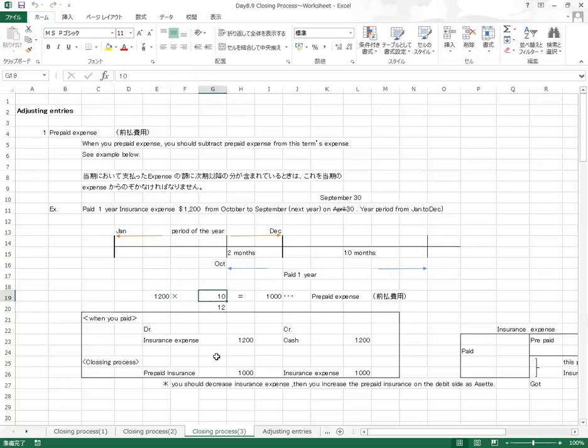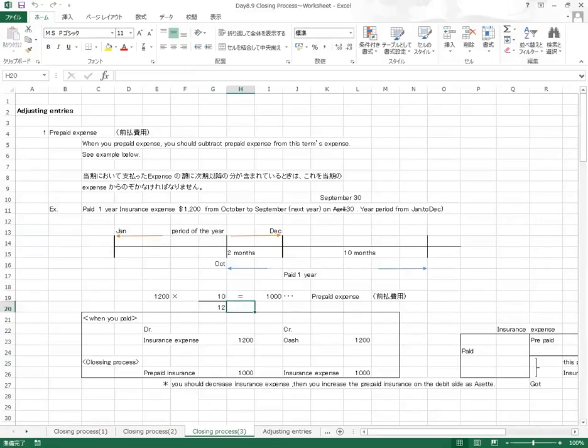So you should divide this, the total amount of money, and this amount of money for 1 year. So it is 12 months. But this 10 will be paid for the next year.